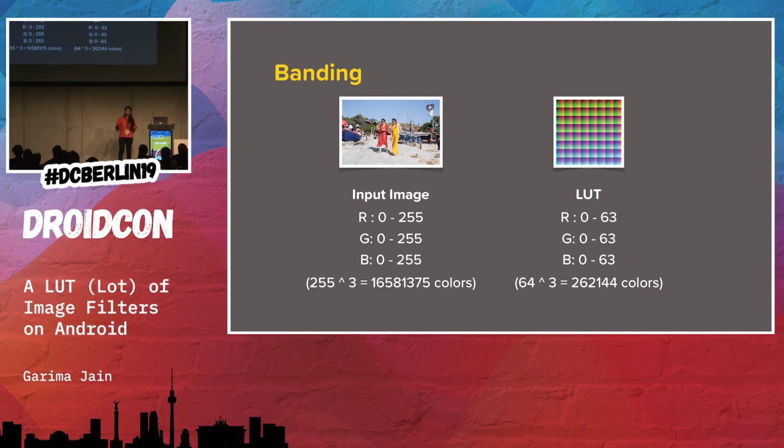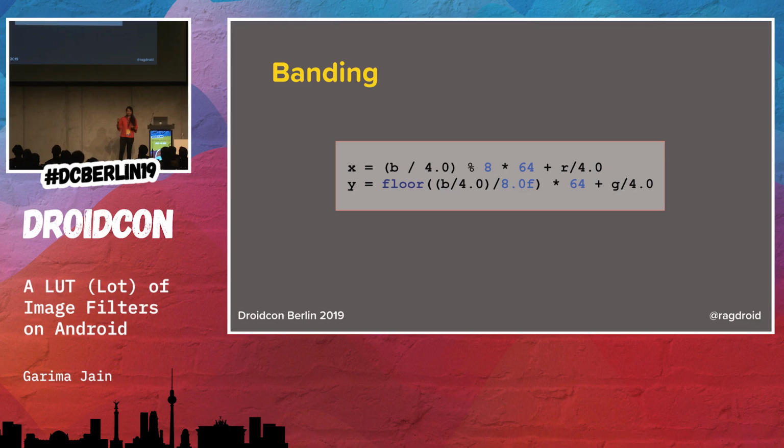So the input image has a lot of values, and the LUT can only map 2 lakh colors. Like I mentioned in the example, we are dividing each R, G, and B value by 4, and that is how we get X and Y. So every 4 values map to one value itself, and that is why we are getting that kind of banding.